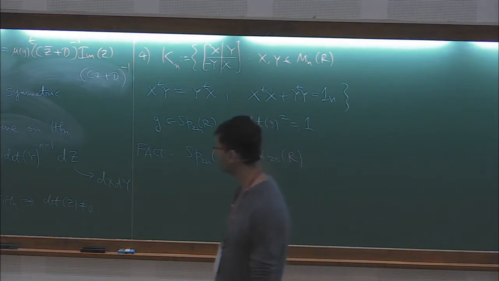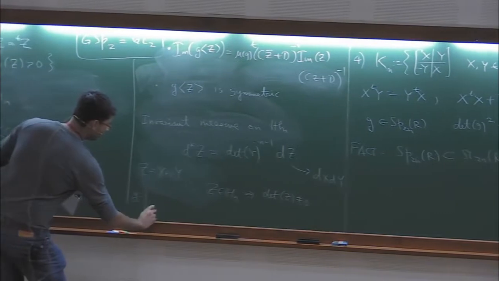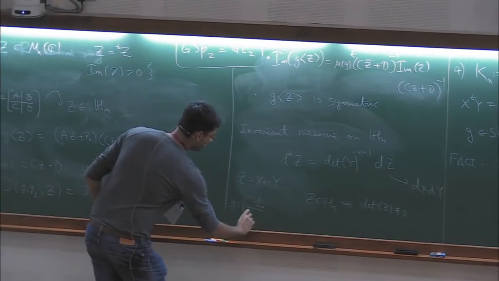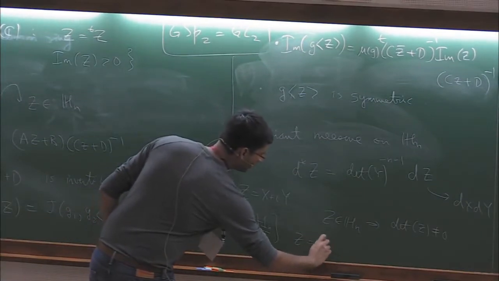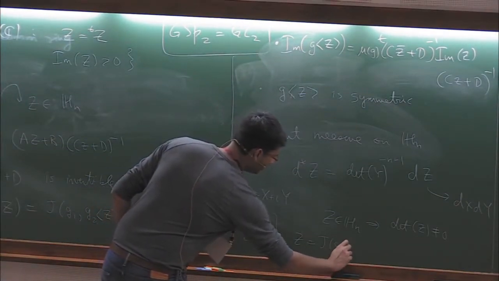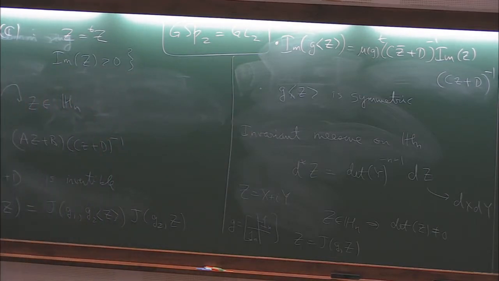But then we realized that if you take your G to be equal to minus identity, then your Z is exactly J, G, Z. And this theorem says it's invertible.